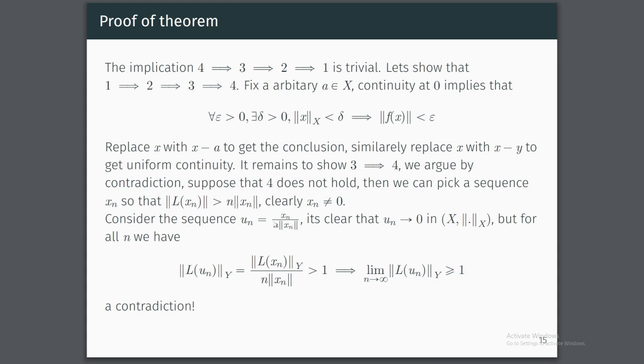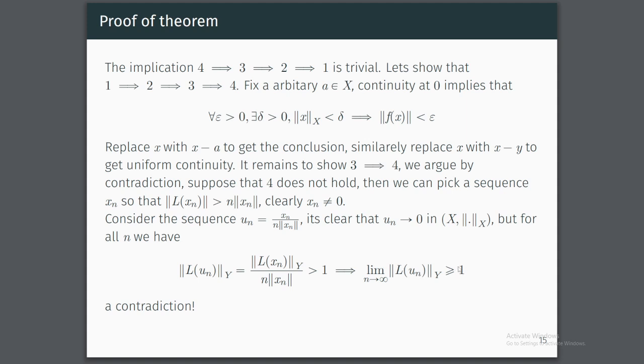This is why we can define this sequence and divide by norm of xn. If we take un to be xn over n times norm of xn, then un converges to 0, right? Because the norm of un is just 1 over n, which converges to 0. But notice that norm of L of un is norm of L of xn over n times norm of xn, which is greater than 1, which means that the limit of norm of L of un is greater than 1.